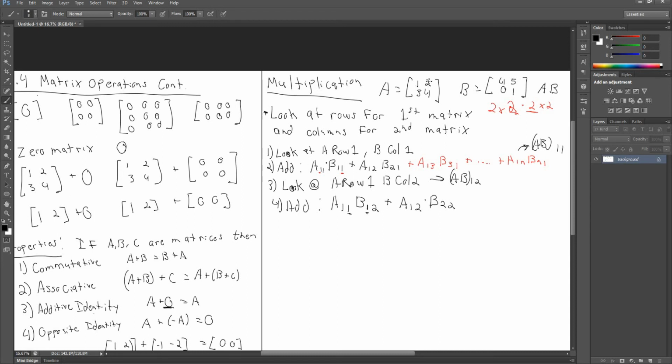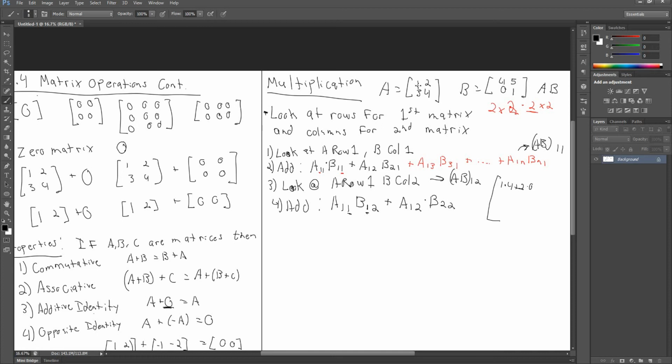So this is 2, and B row 2, column 2 is 1. So I'm actually going to step back real quick and write what we have so far. From the first one, we had 1 times 4 plus 2 times 0. So that took care of this first part.